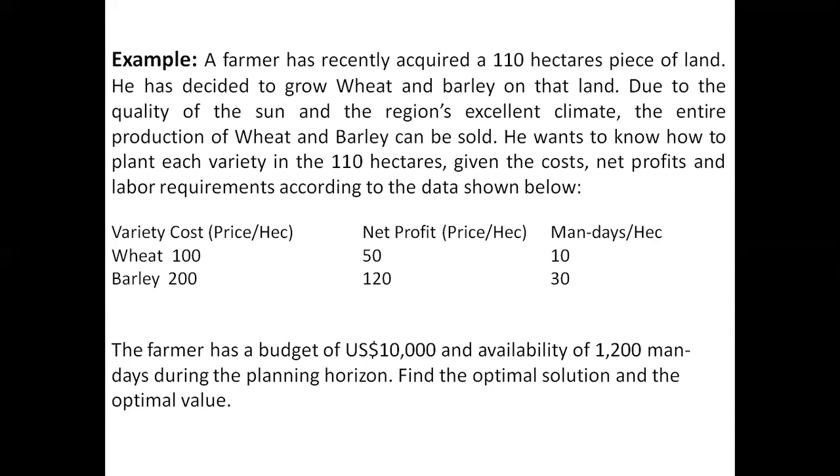The farmer has a budget of 10,000 US dollars and an availability of 1200 man days during the planting horizon. Find the optimal solution and the optimal value. So the farmer has a budget of 10,000 US dollars, and 1200 manpower days available, with 10 days or 30 days needed per hectare as mentioned in the table, depending on whether it is a wheat crop or a barley crop.